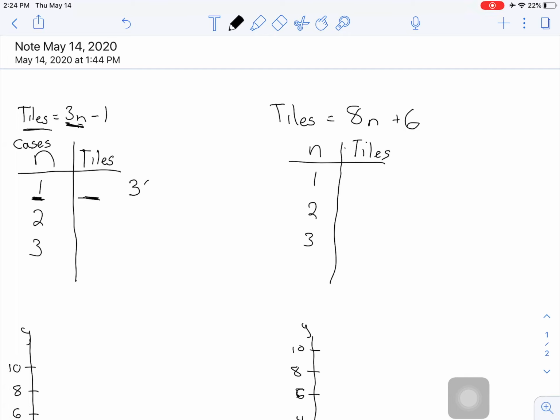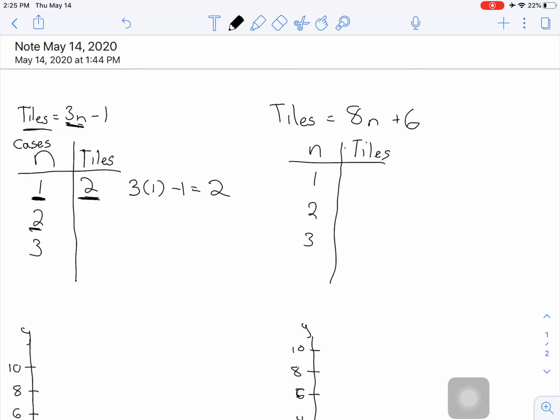So we're going to go 3 times 1 minus 1, which is then going to equal 2. So when case 1, there's going to be 2 tiles. Again, we don't know what this looks like, but we just know case 1 is going to have 2 tiles.